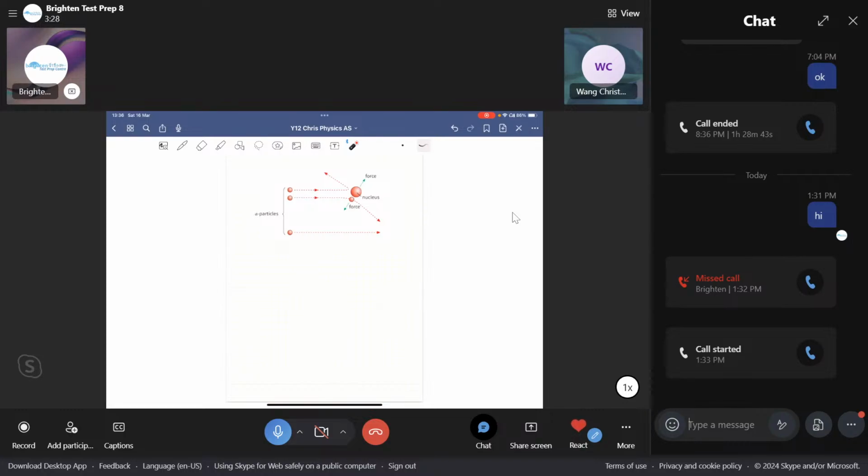Let's go back 100 years plus. Just a sec, my pencil is a bit funky. Okay, here we go. So you're shooting these alpha particles. And by the way, what are alpha particles? The helium nuclei.